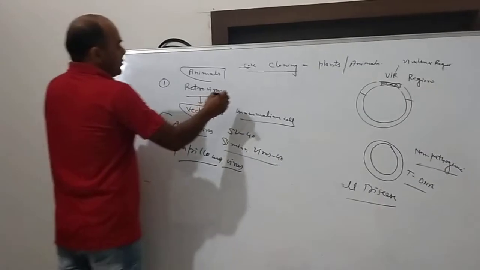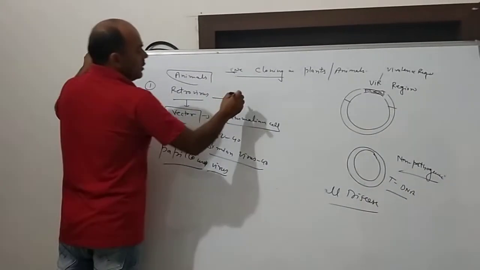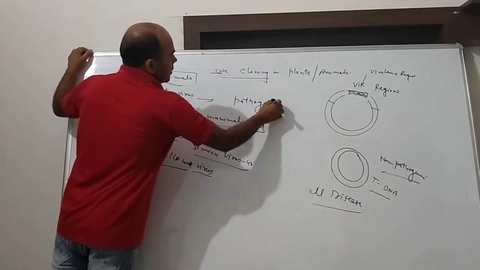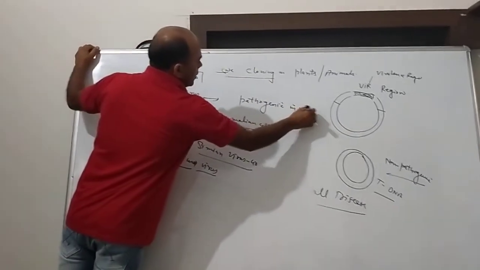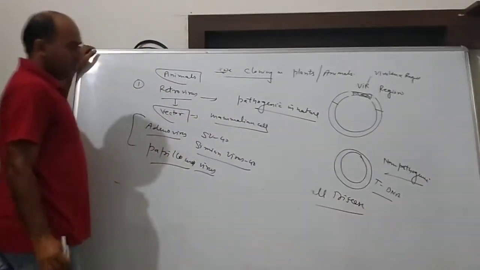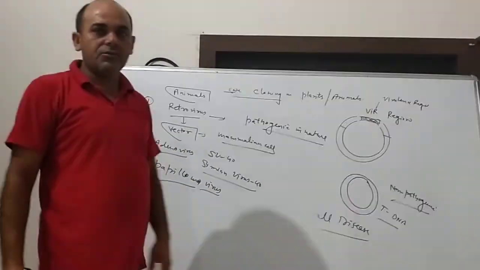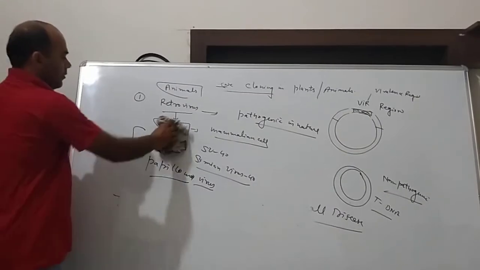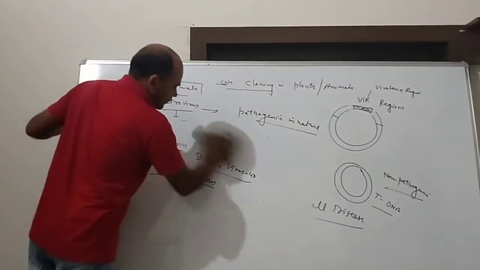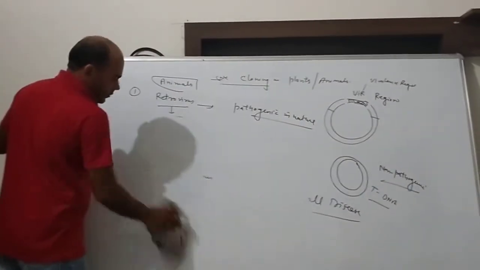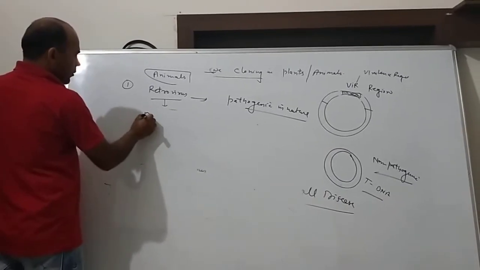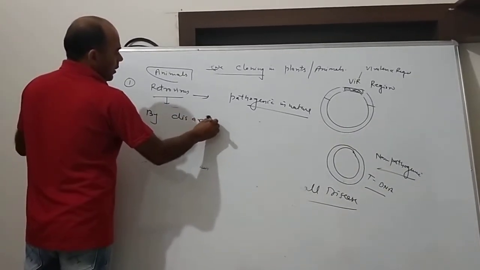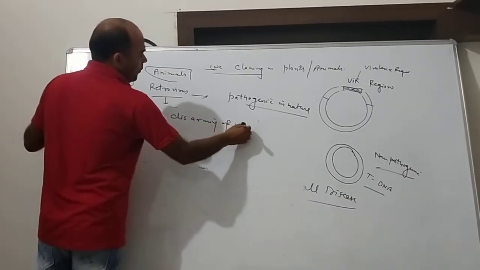This retrovirus is generally pathogenic in nature. Pathogenic in nature means it will cause disease. How can it be made non-pathogenic? Very simple, by disarming of the vector.